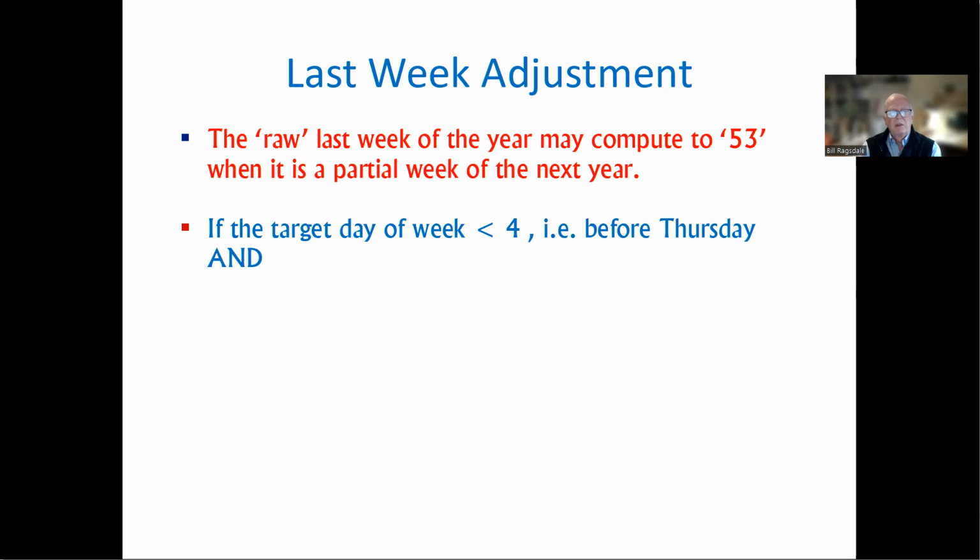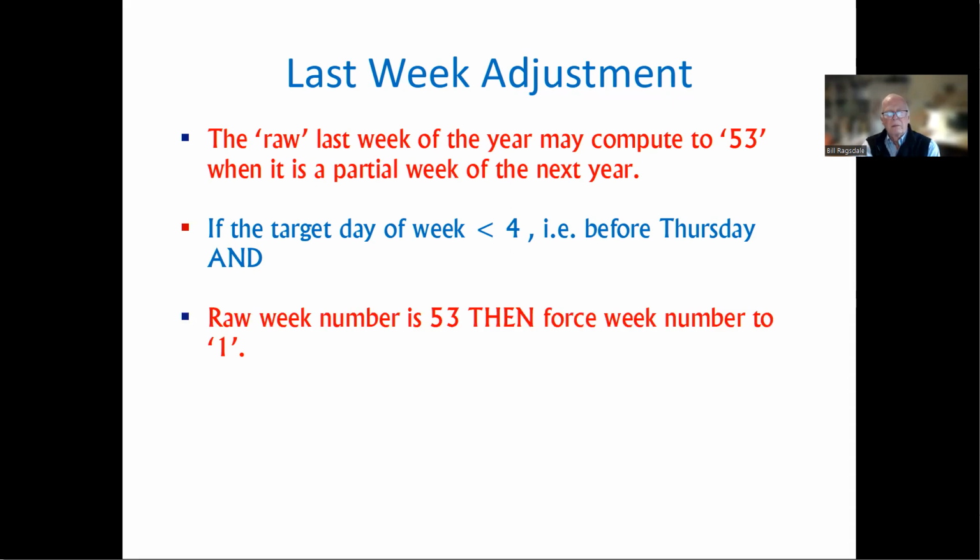The rule is this: if the target day of the week is less than 4, that is, it's Sunday through Wednesday, it's before Thursday, and the raw week number is 53, then we force the week number to 1. So if we have a fragment of the week at the beginning that does not contain a Thursday, it actually is forced to be 1.